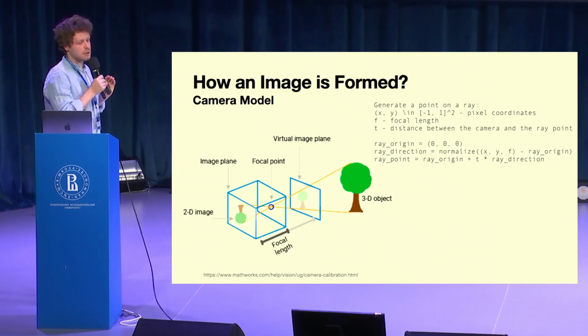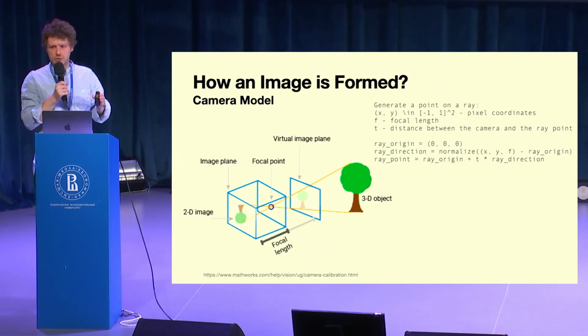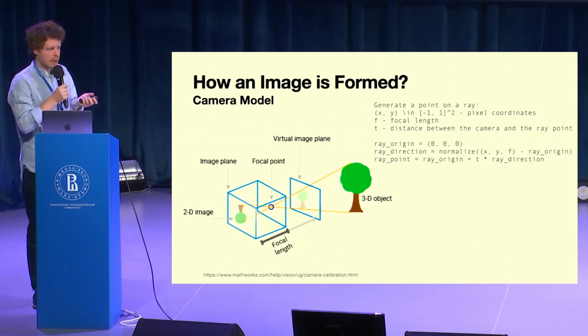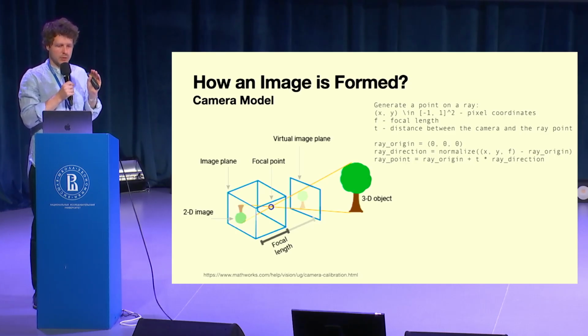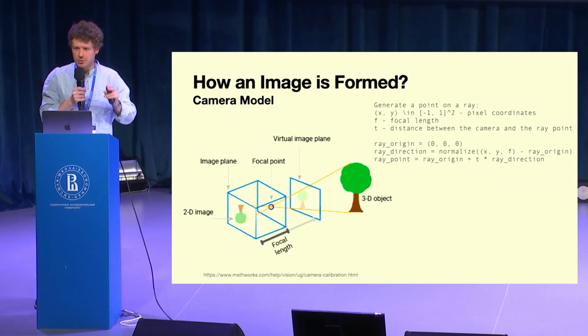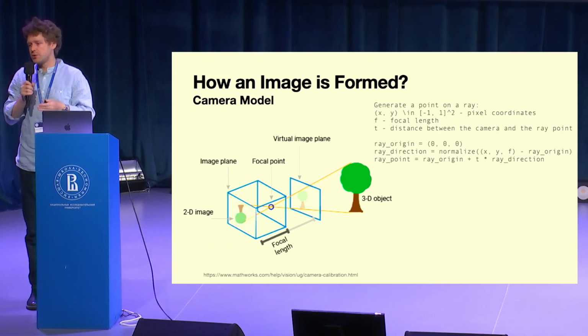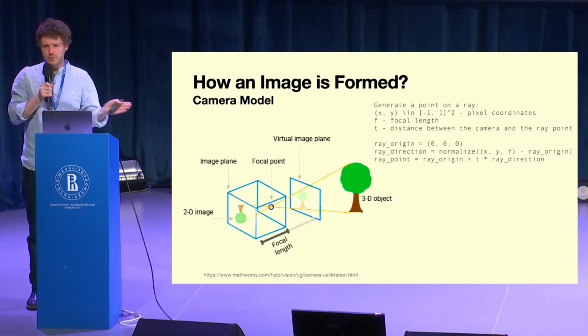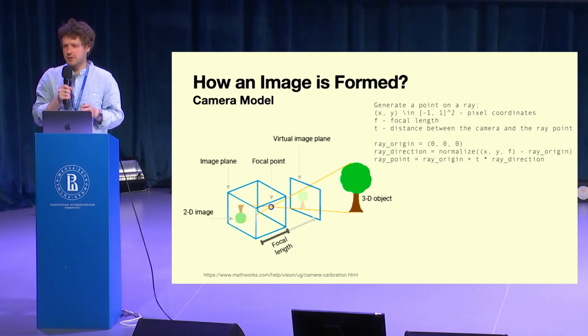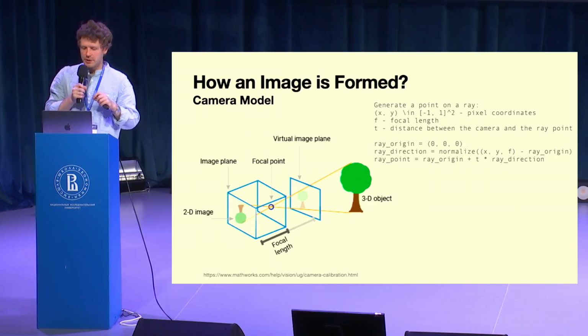As the ray intersects the leaf, we compute the color of the leaf. We know that it's green. And then we write down that this ray encountered green color. Therefore, the pixel color in this position is green. And in order to generate an image, we'll have to cast rays and do this procedure for several million pixels that comprise the whole image.